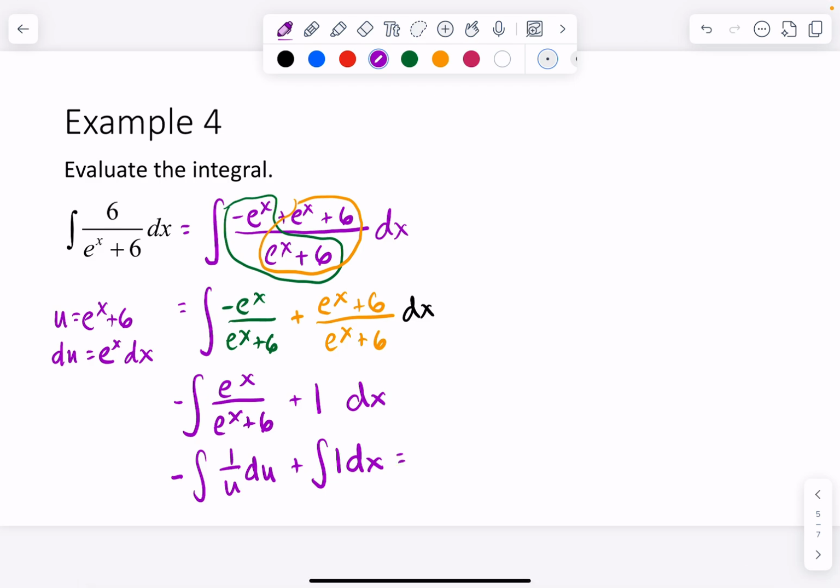Okay, well, what does that equal? That equals the negative ln of what I had in there. My u was e to the x plus 6. I guess I don't really need those absolute value signs. The antiderivative of 1 dx is x. Don't forget your plus c.